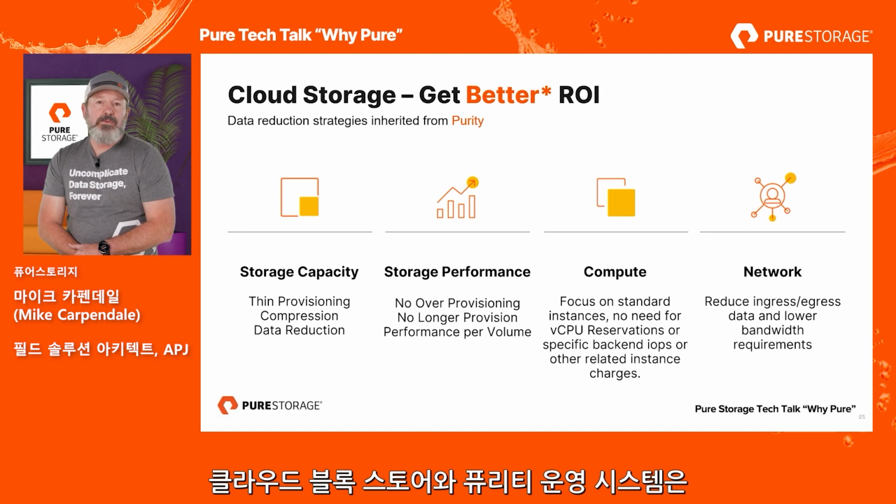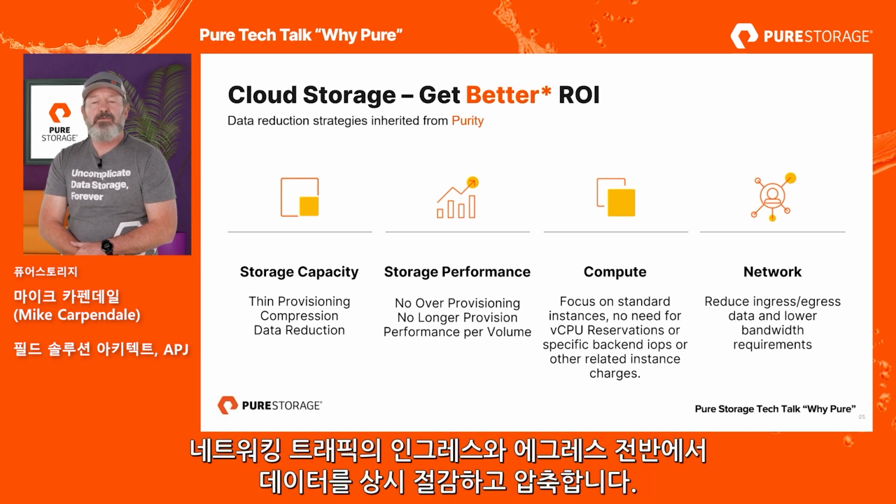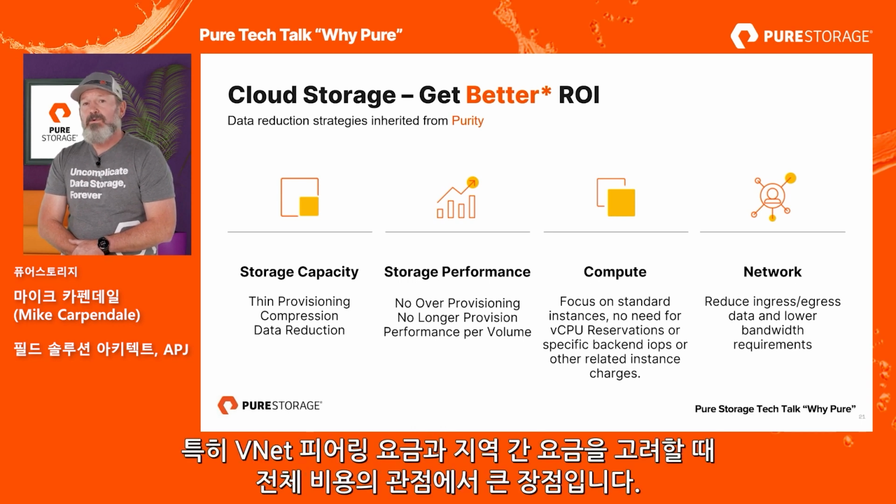Cloud Block Store and the Purity operating system always reduces and compresses the data across ingress and egress of the networking traffic, whether that be between Cloud Block Store instances or from the cloud back into your on-premise world. Shifting less data is great from that overall cost model perspective, especially when you look at the VNet peering charges and the charges between regions.